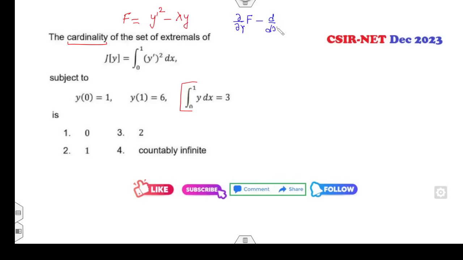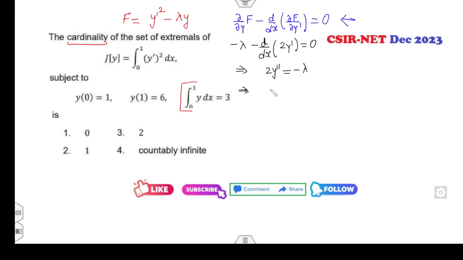Fine. When you are in the examination, then there is no need to write this line. You can write directly the value: minus lambda minus d over dx of 2y dash is 0. So minus is cancelled out. 2y double dash is equal to minus lambda.